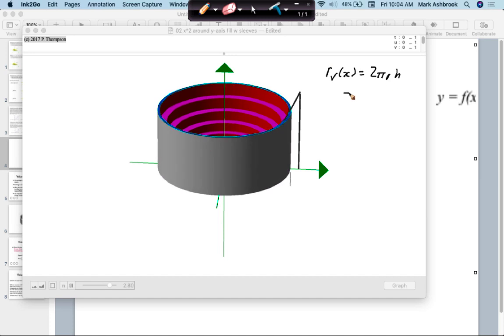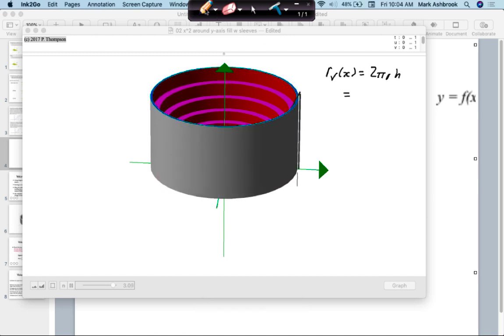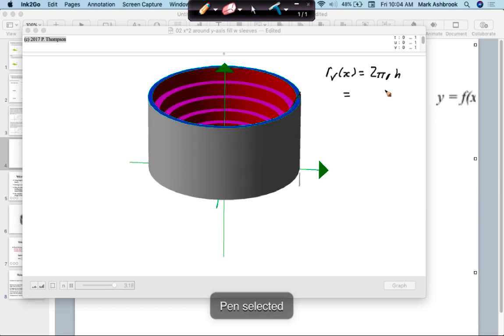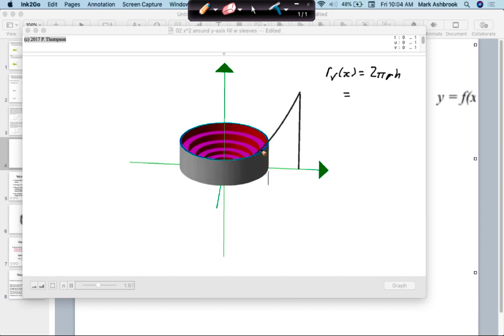And so now we got to get, so what is the radius? What is the radius of the turquoise shell? It's x, right? The radius is x.